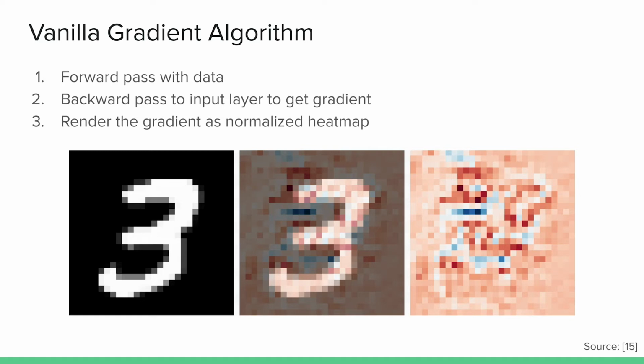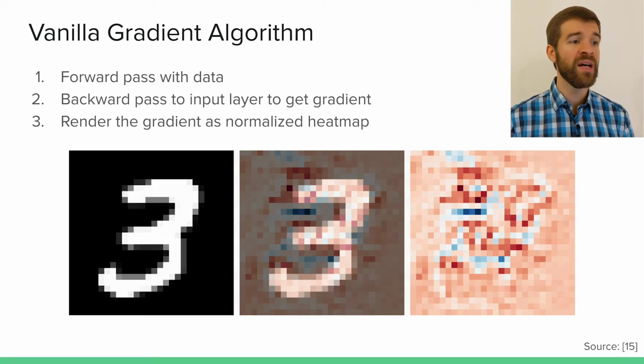We pass that sample back all the way to our input, we capture the gradient, and then we just take that gradient. Remember, the gradient tells us in which direction we should go. It tells us which features are relevant for a particular sample. We take this and render it as a normalized heat map.